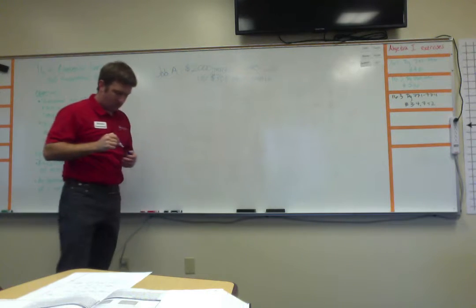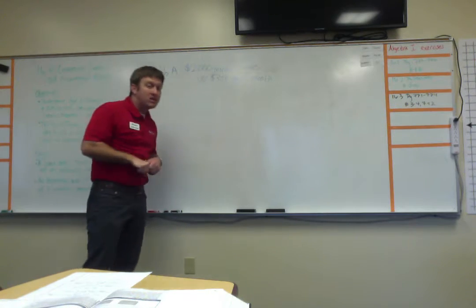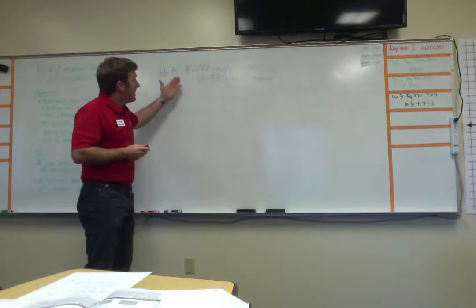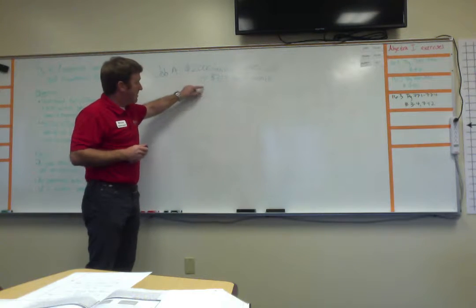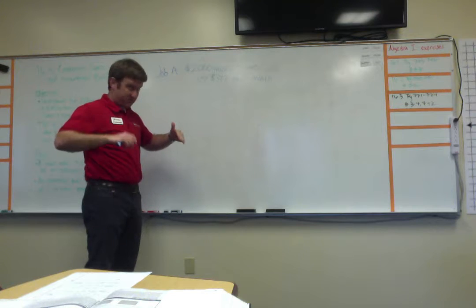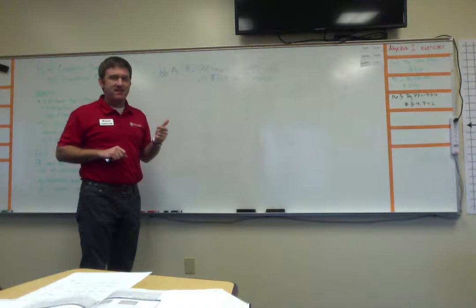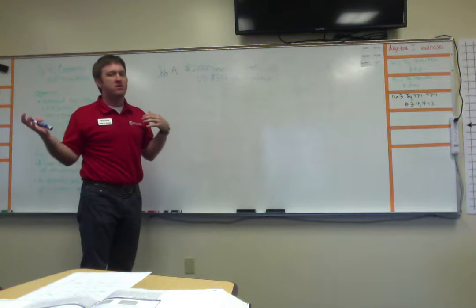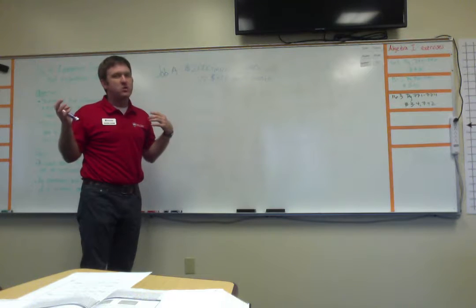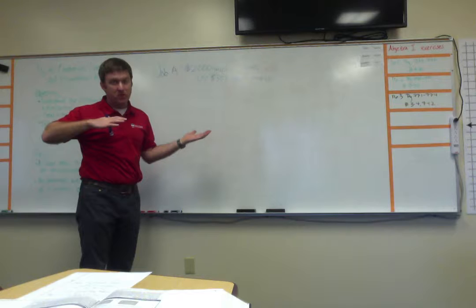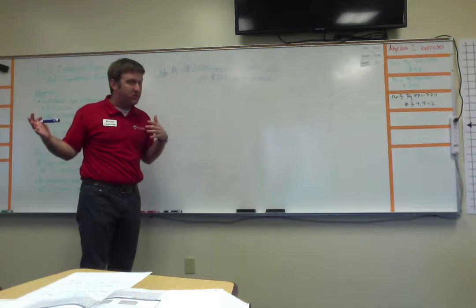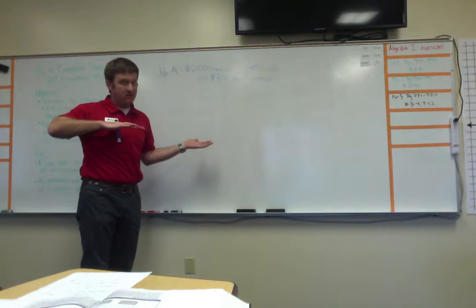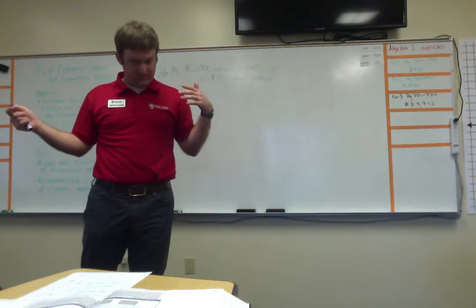Okay? So the first thing you want to ask yourself is, the increase or decrease, the change, is it additive or is it multiplicative? Are we adding something or are we multiplying by something? This will tell us whether it's an arithmetic progression or a geometric progression, whether it's a linear model or an exponential model.